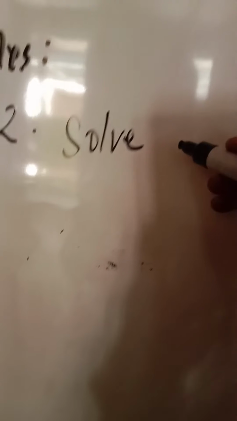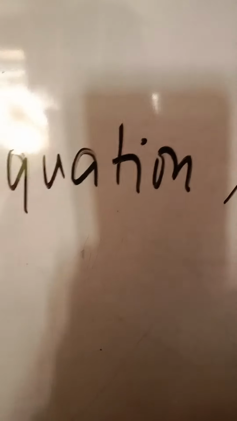For number 2, solve the equation x squared minus 11 is equal to 0.